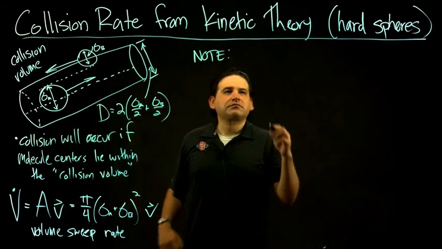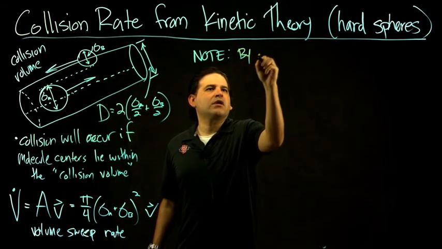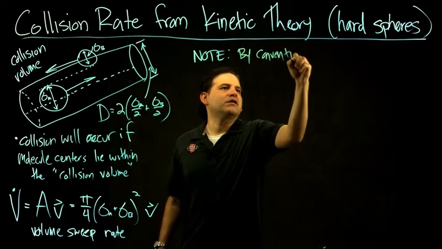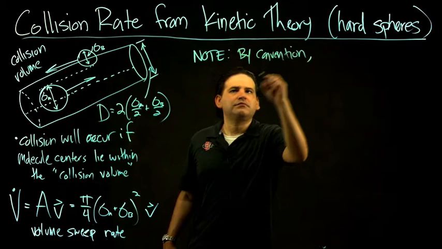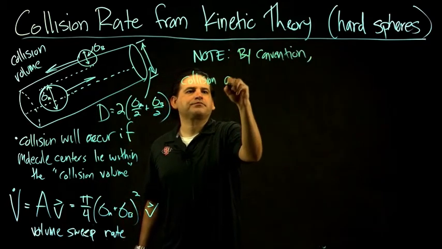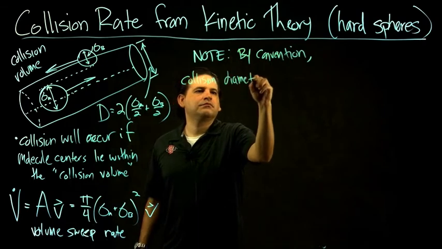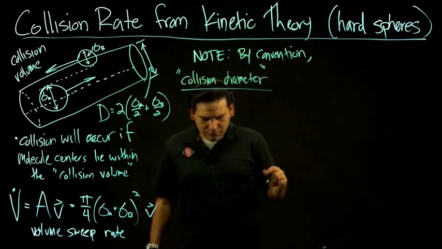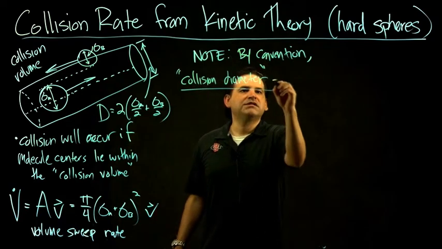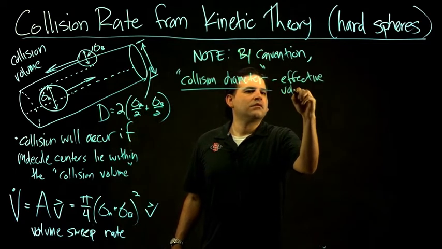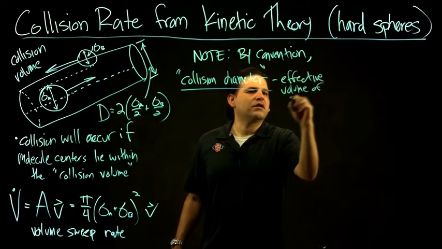But there's a definition called collision diameter. By convention, there's something called collision diameter. This is the effective volume of colliders.